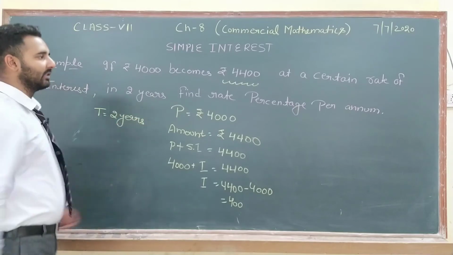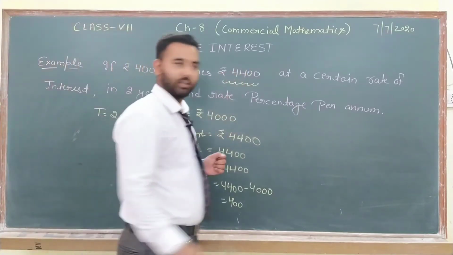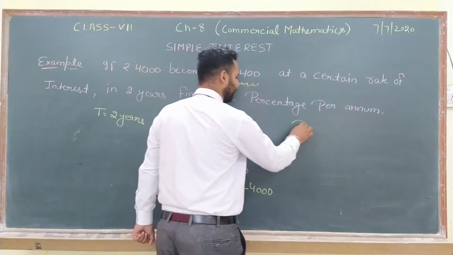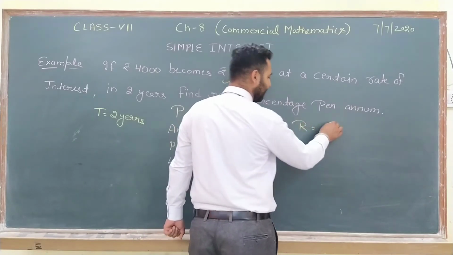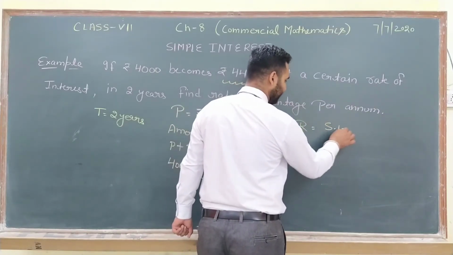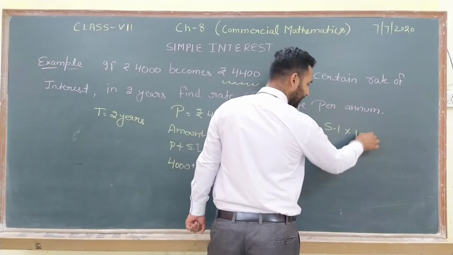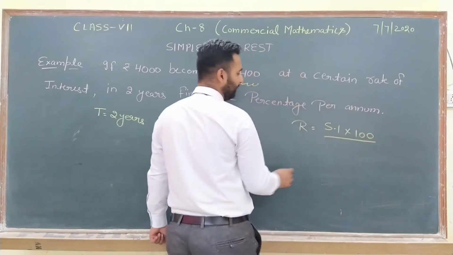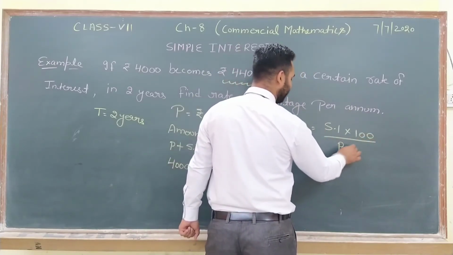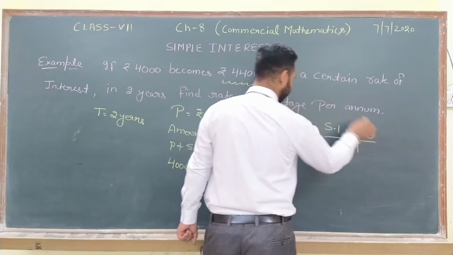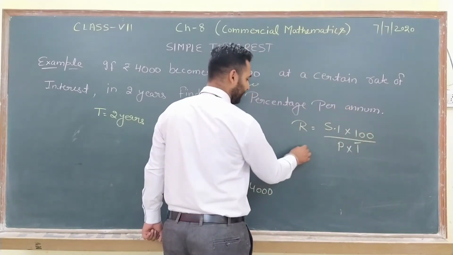Now, what thing is left? Rate of interest. So the formula for rate of interest is SI, simple interest, multiplied by 100, upon principal multiplied by time. So rate we don't know.